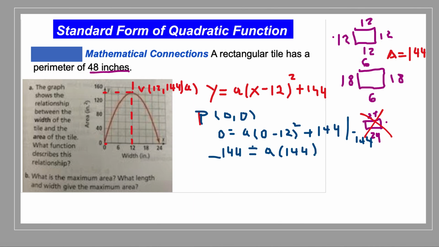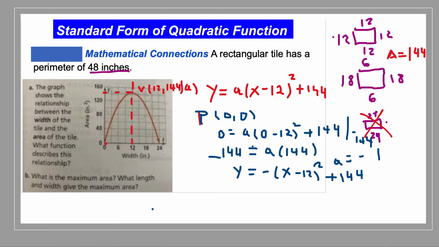Dividing everything by 144, a is equal to minus 1. So the equation of this function is y equals minus 1, let me write an invisible 1, times x minus 12 squared plus 144. So we already got the equation for the function that describes the relationship between the width of the tiles and the area of the tiles.